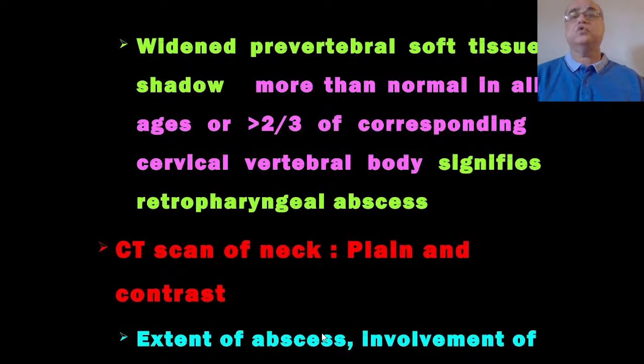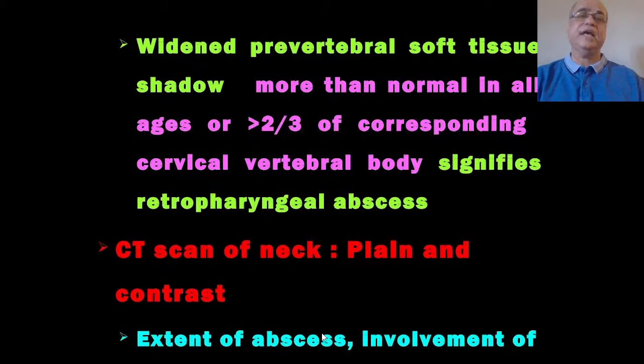So if this soft tissue shadow is widened more than normal, or it is more than 2/3 of the corresponding cervical vertebral body, it is significant that some soft tissue abnormality is there. And if history and examination support, then it will be retropharyngeal abscess.